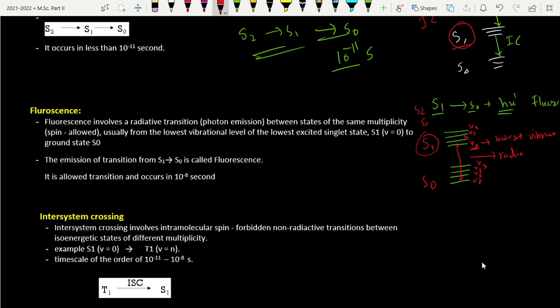Radiative process means it emits light, right? You can see S1 to S0 plus h nu, and the time required for this process is 10 to the minus 8 seconds.